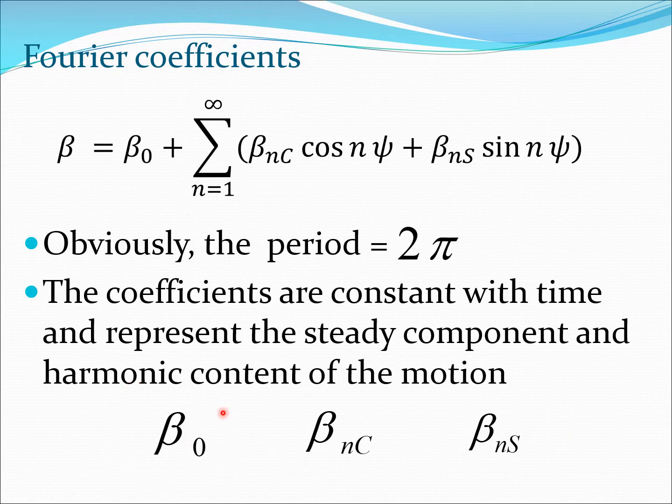This is the steady component beta 0, and these are the harmonic content of the motion. Sometimes beta 1c and beta 1s are known as the first harmonic, and all n of 2 and beyond are known as the higher harmonic spectrum or components of the response.